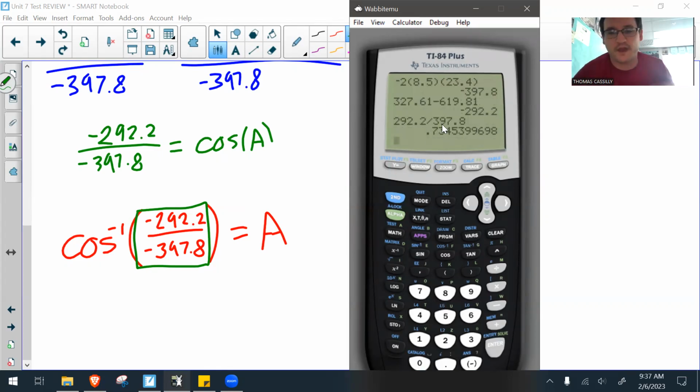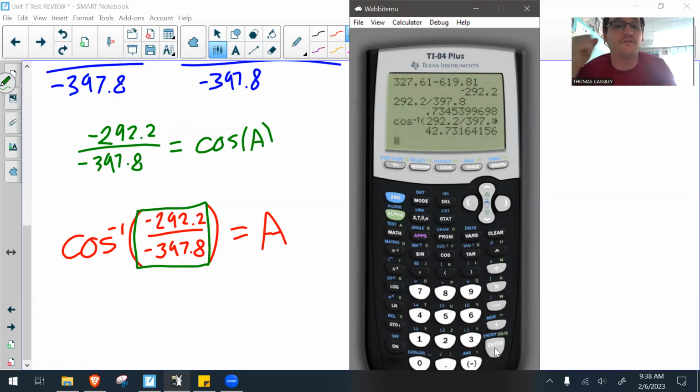If it's outside of that interval, you're going to get an error on your calculator. So I'm going to take the inverse cosine of this fraction. You can also highlight this entire thing and press enter, and it'll put that in your calculator for you. Since it's a negative divided by a negative, those cancel out to positive, so it's okay that I just put positives on both of those.